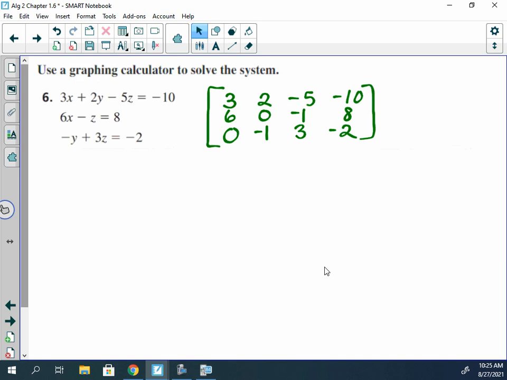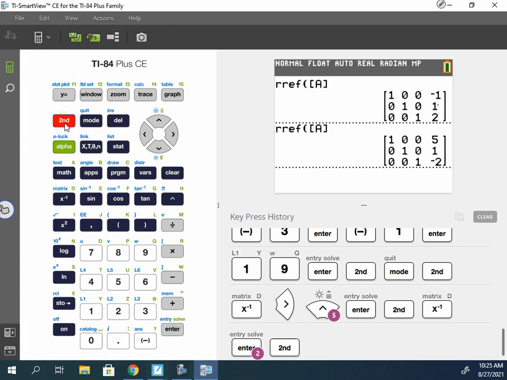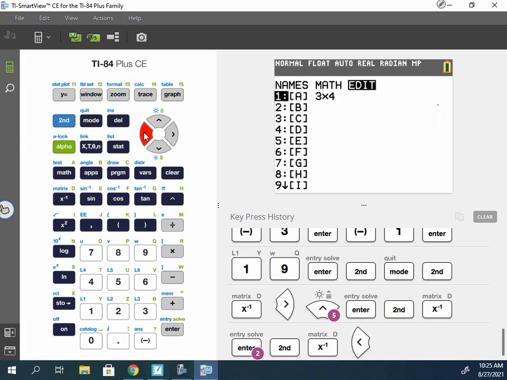If y'all want to go on and start putting that matrix in, that's fine. I'm just writing this out so I can reference back to it. Second matrix.